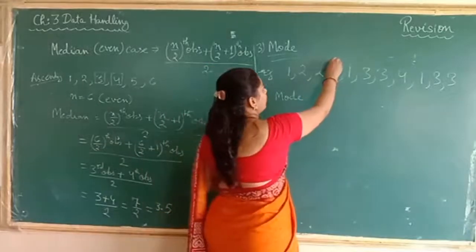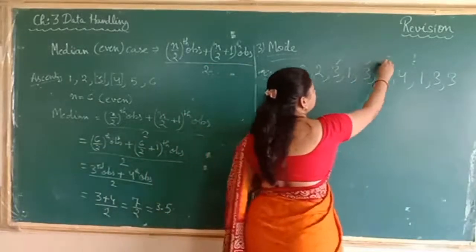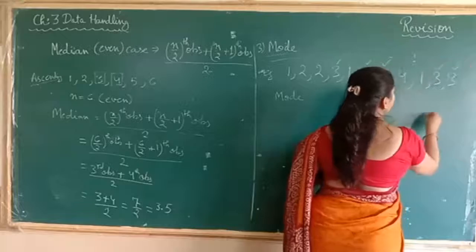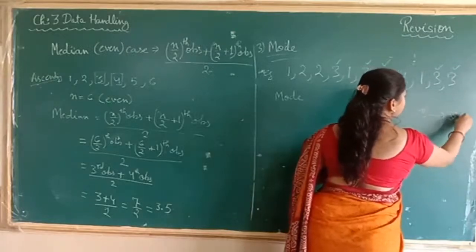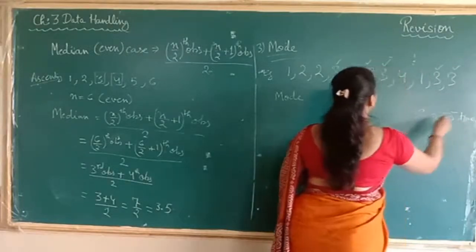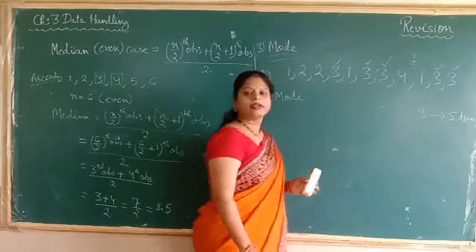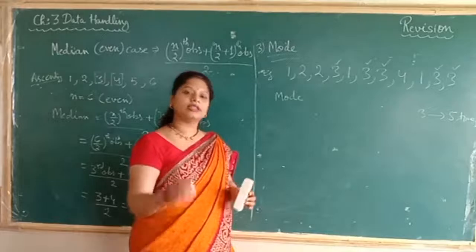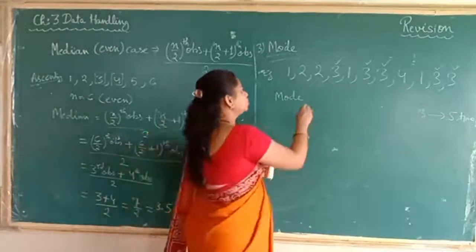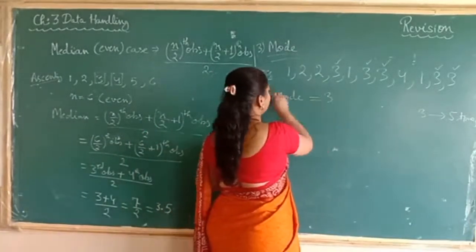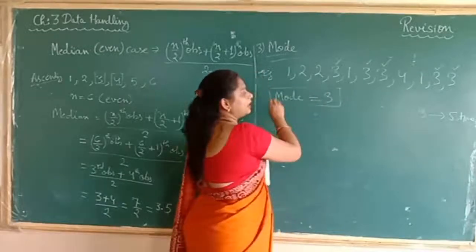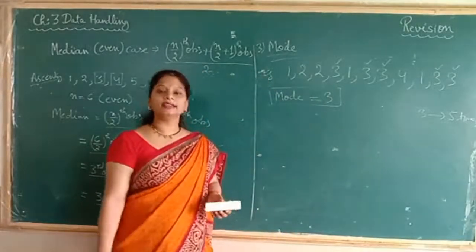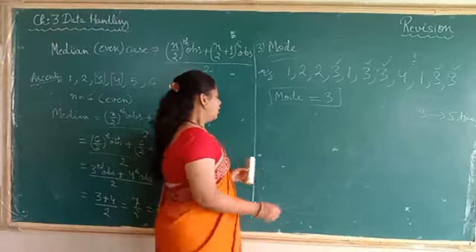I know that 3 comes 1, 2, 3, 4, 5, that is 5 times, and no other number comes 5 times. It is the maximum number of times the same number comes here. So the mode will be 3 here. जो सबसे ज्यादा बारी ऑब्जर्वेशन आएगा that is known as mode.